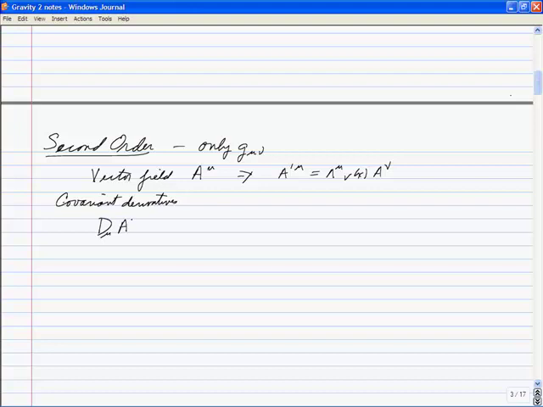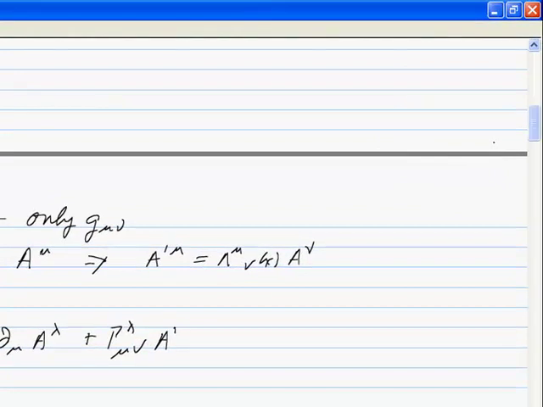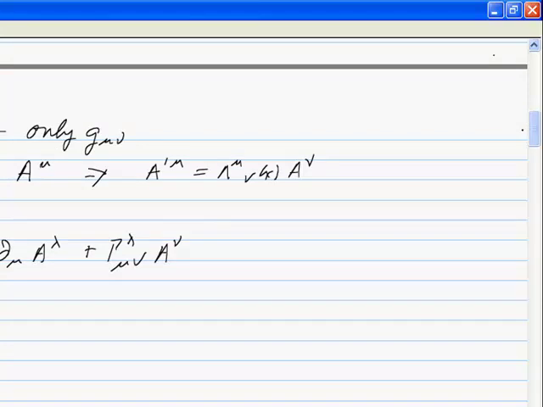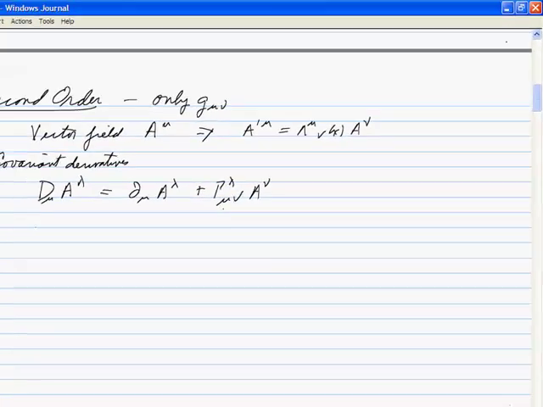D mu A lambda is d mu A lambda plus some gamma lambda mu nu A nu. So the covariant derivative on a vector field would have that framework, and you then have to work out what covariant derivative makes that work.